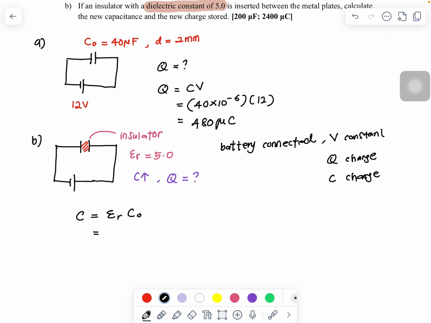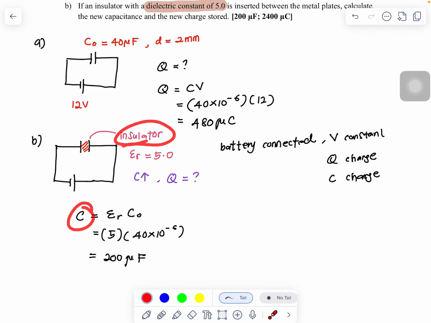Okay, so masukkan this one. It will be equal to 5 times the initial one, 40 micro. So kamu dapatlah new capacitance will be 200 microfarad. Okay, so ini adalah capacitance selepas dimasukkan insulator.